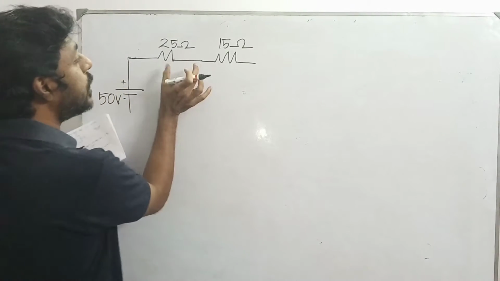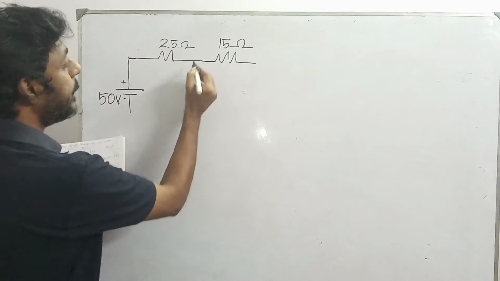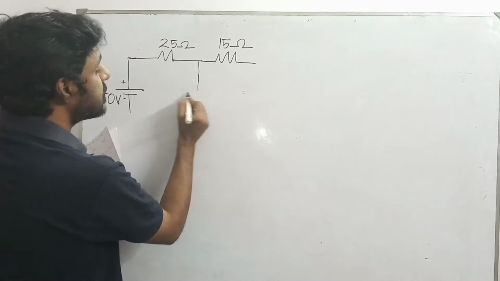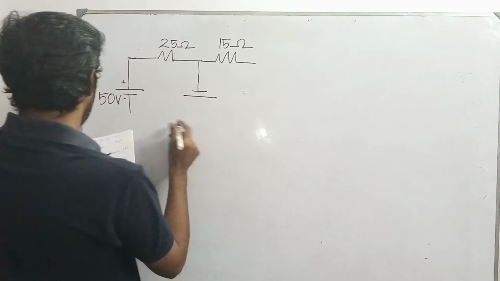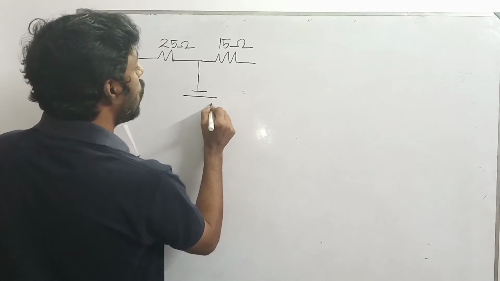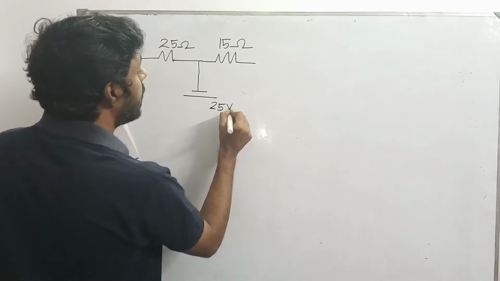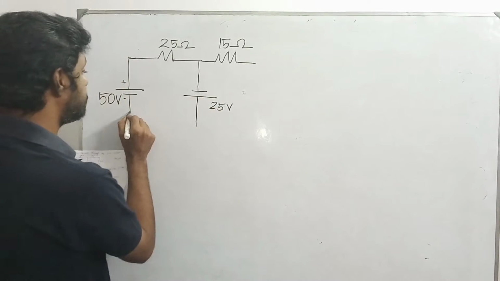Now in between the 25 and 15 ohm, I am taking another branch such that the branch holds another battery, which has a value of 25 volts.